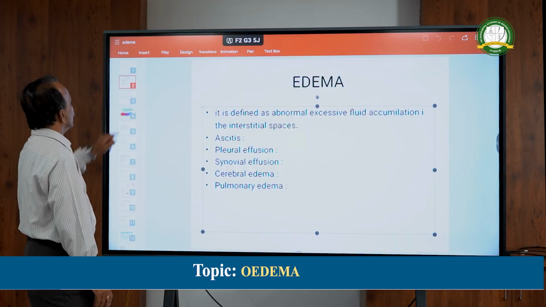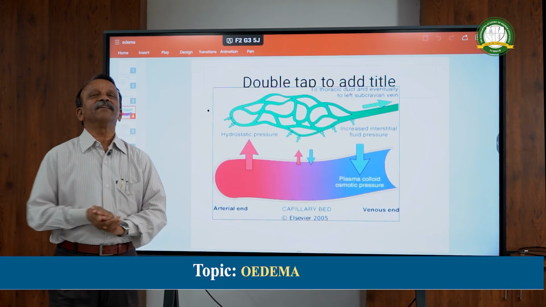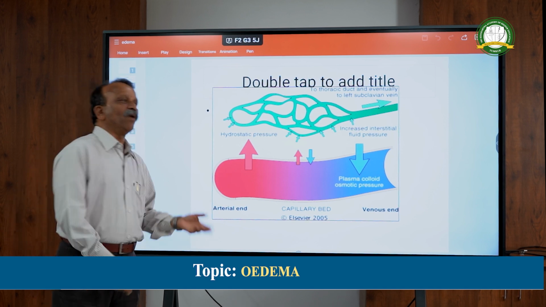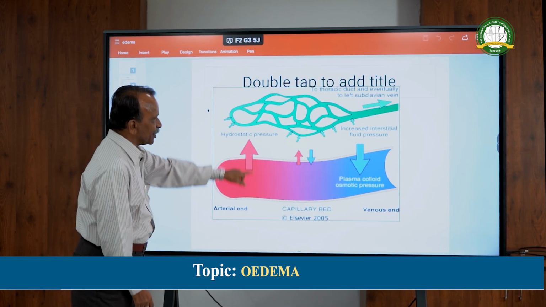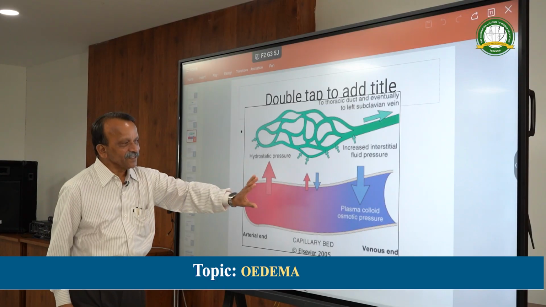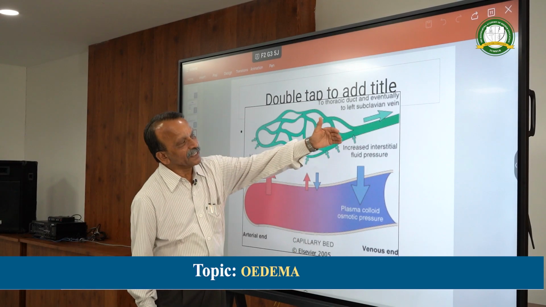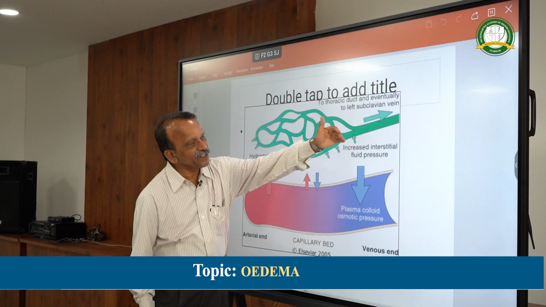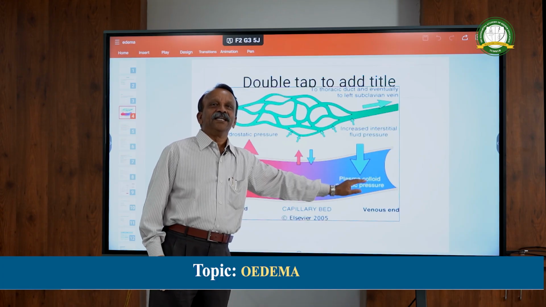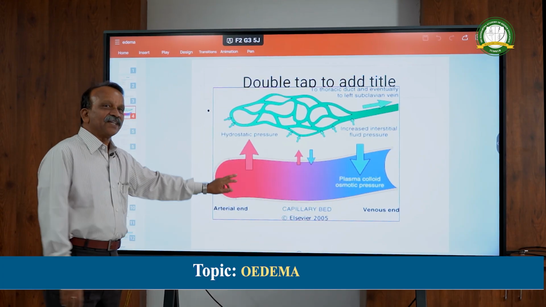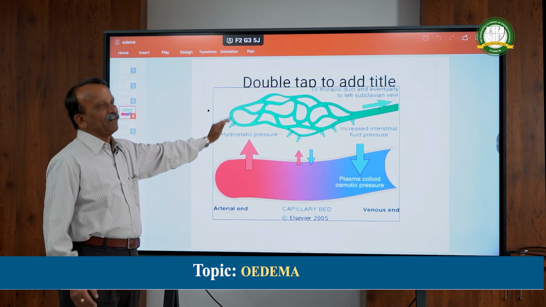Before going into the details of edema, about 60% of our body weight is made out of fluid. The remaining 1/3 is present outside the cells. In this picture, this is a blood vessel, and here the colloid osmotic pressure influences the transmission of the fluid from the interstitial fluid into the intravascular compartment, whereas hydrostatic pressure moves the fluid from the intravascular compartment to the extravascular compartment.